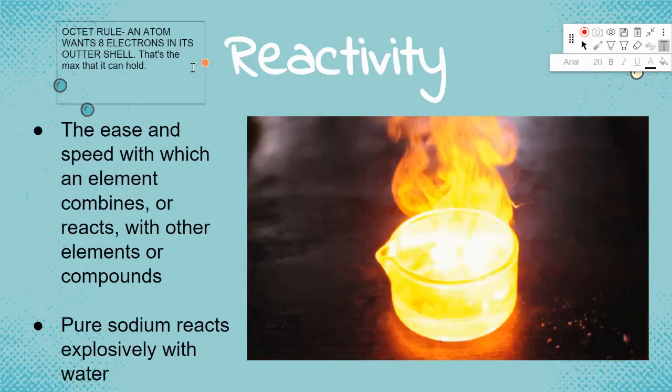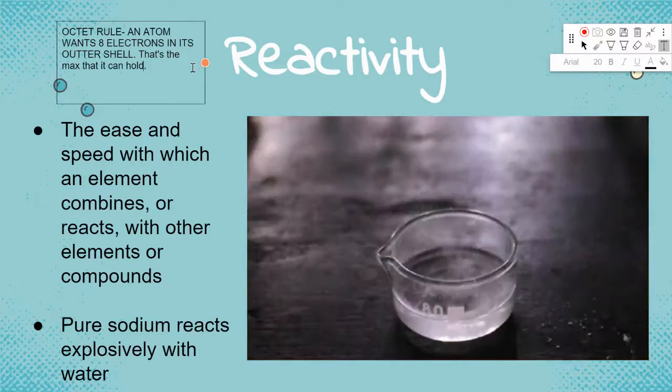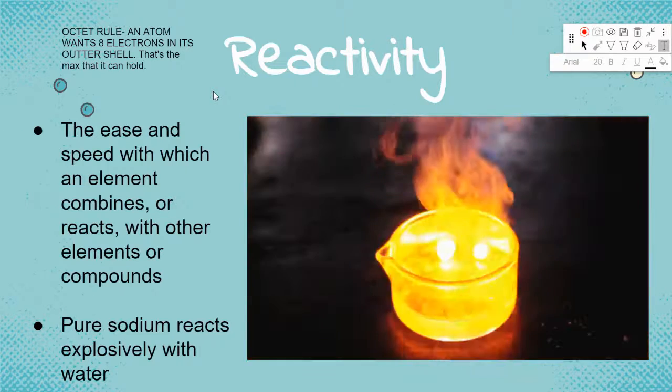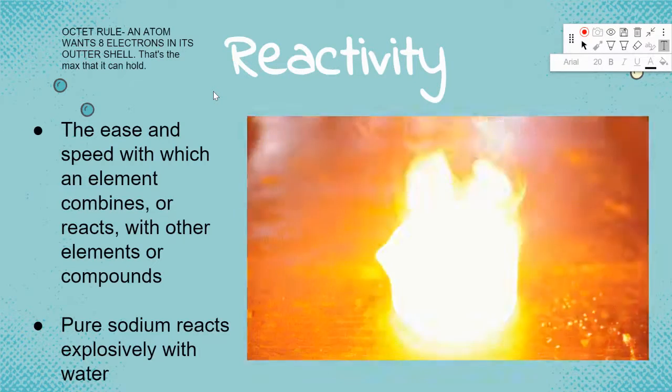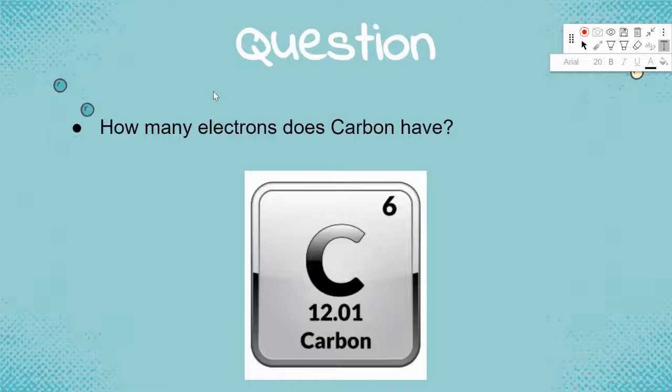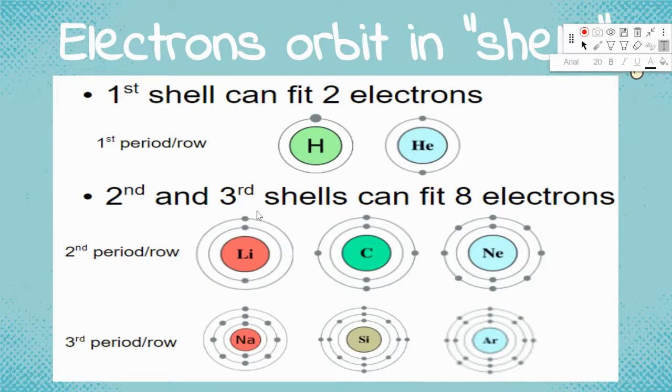The reason I'm mentioning this is because reactivity is, again, how quickly they bond with something else. Atoms that only have 1 or 2 electrons on their outer shell, like this example again right here, sodium, only has one electron on its outer shell. So it's going to be very easy for this atom of sodium to get rid of it.